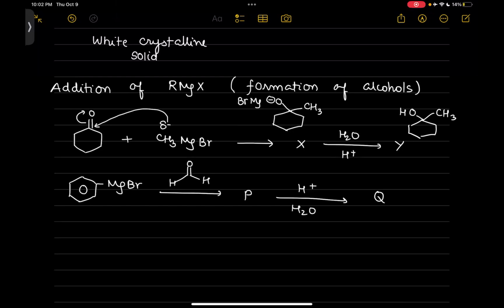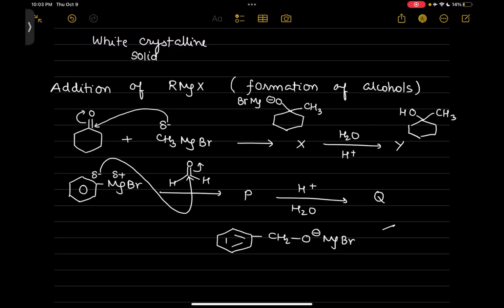P is, this Mg is positive, benzene is negative. This benzene is going to get added to C double bond O. Double bond O is going to become single bond O minus, and then hydrolysis will give you OH. Got it?